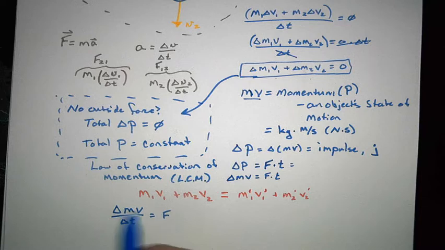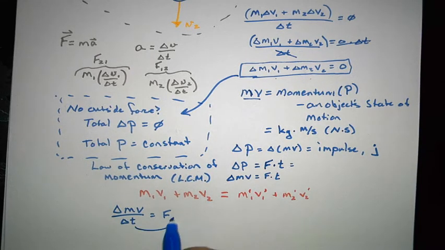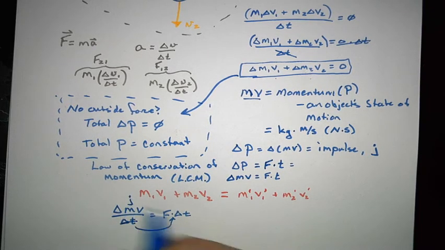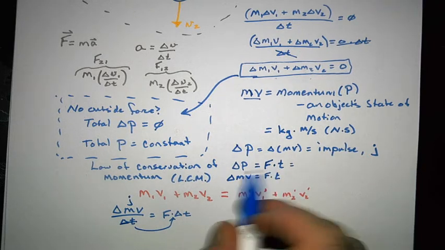I just moved the delta to the other side. So now we have delta mv equals force times delta t. We have our impulse equaling force times our change in time.